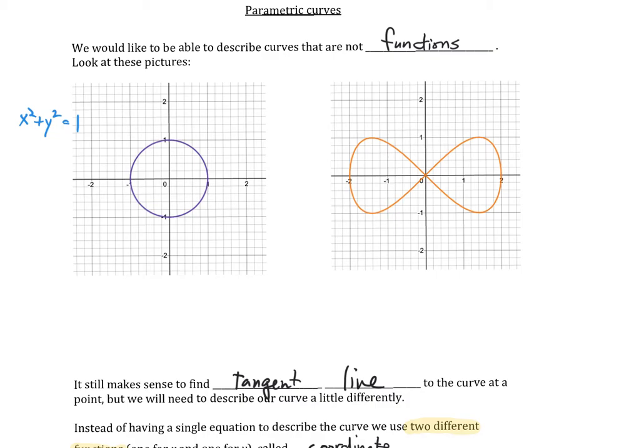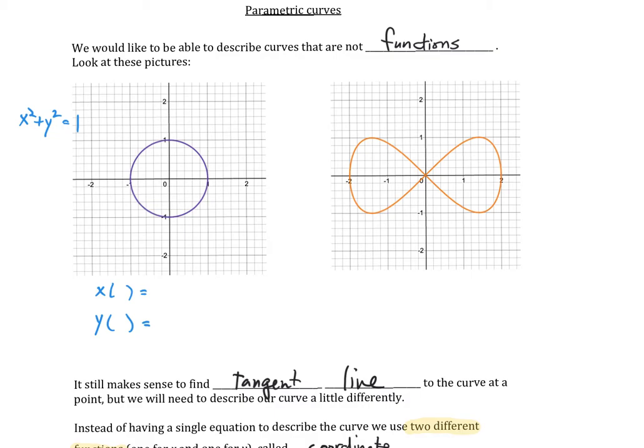So we're going to have two equations, x equal to something and y equal to something. And these two equations are going to depend on t. So maybe instead of saying x equal to something and y equal to something, I could say x of some variable and y of some variable is equal to something like this.